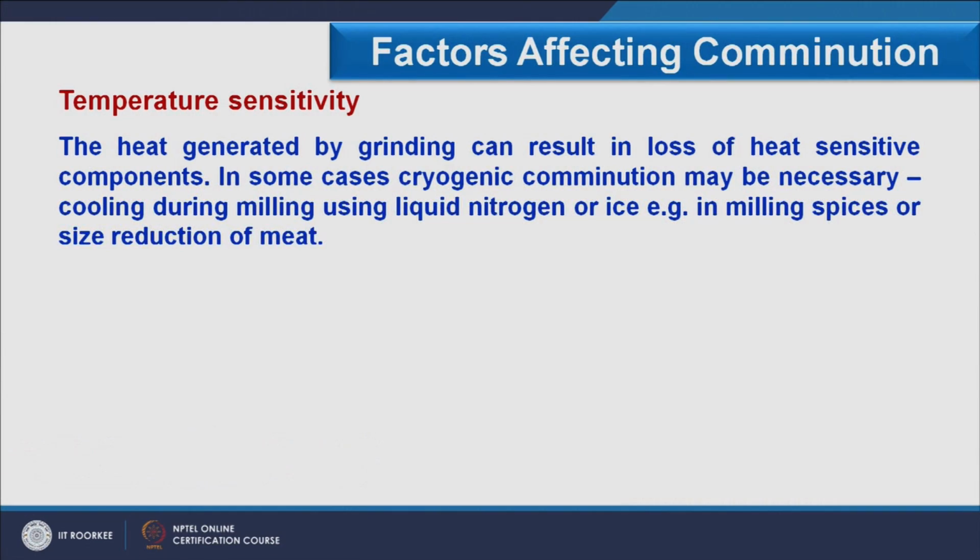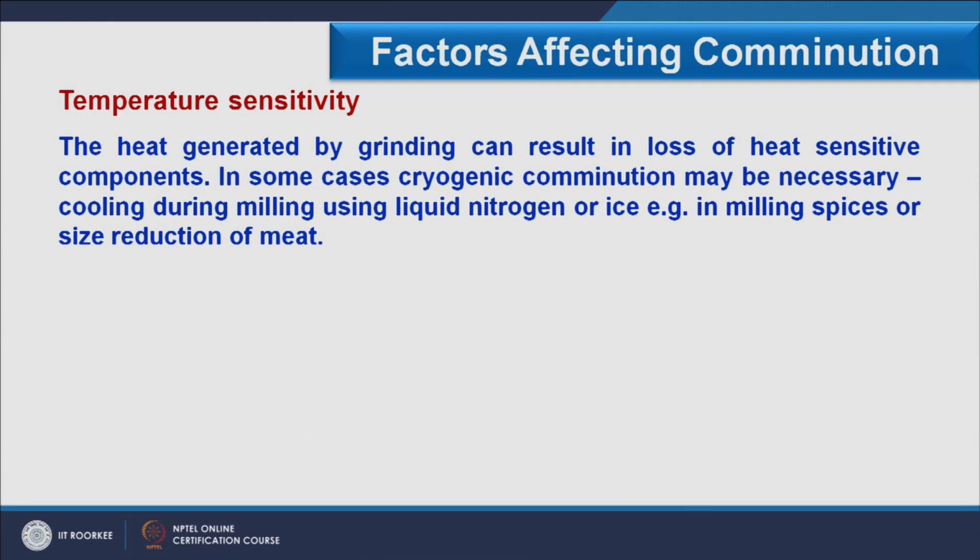Another very important factor is the temperature sensitivity of the material. Heat generated by grinding can result in loss of heat sensitive components. When we reduce the size of any material, some heat is generated during the comminution process, which is harmful when we deal with heat sensitive components.